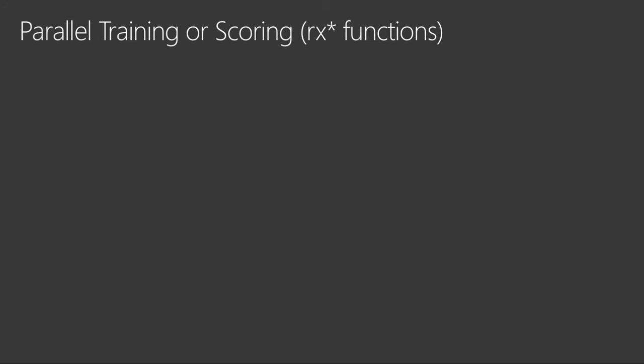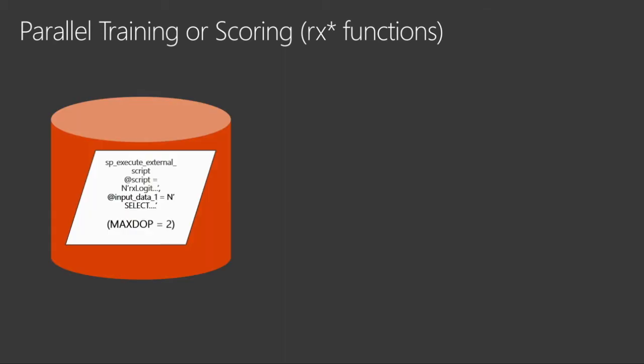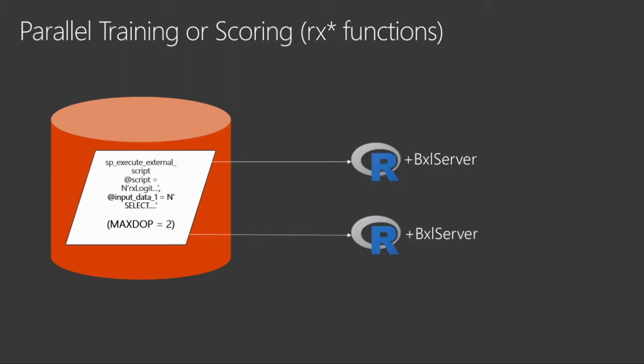So let's look at an example of how the training Rx function works. In this example, you have SQL Server with a stored procedure, just like I showed in the query. I'll use degree of parallelism 2 here, just for illustration purposes. As the query starts, we spin up these 2 processes.